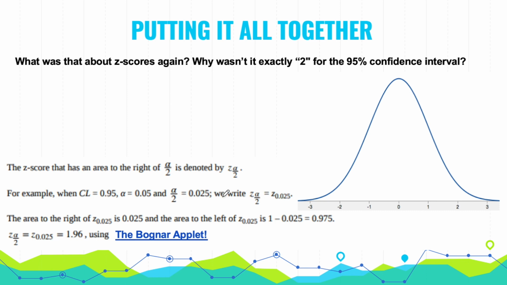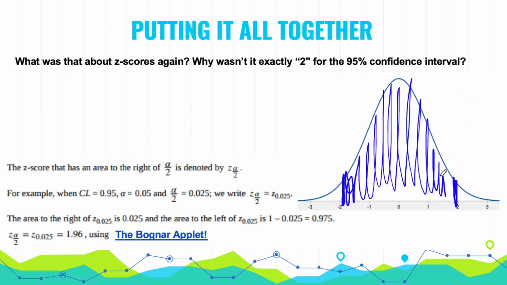And so for a 95% confidence interval, we're going to be looking for the z sub 0.025. Awesome. So what does that look like? It's almost 2 standard deviations below the mean and almost 2 standard deviations above the mean. And we're taking that area under the curve. That's our 95% confidence level, written here as a proportion, 0.95.